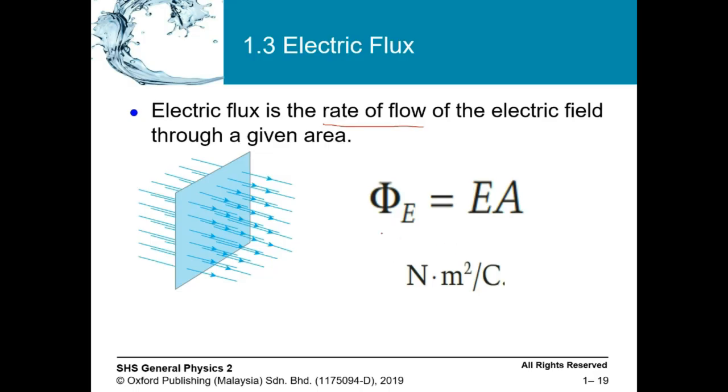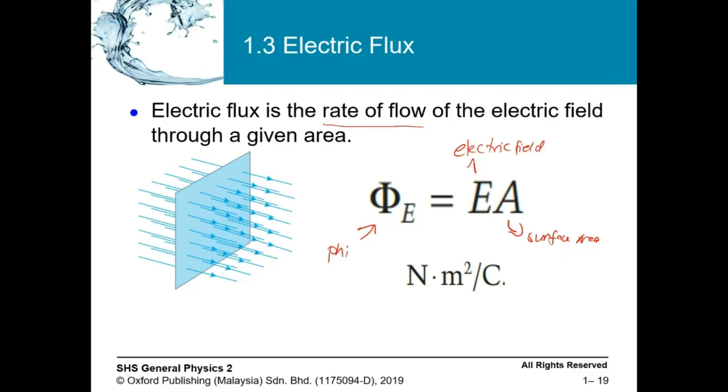So we have here this equation. This is phi is equal to E, where E is our electric field, times A, which is our surface area or area. We're going to talk about surface area when we get to 3D objects.